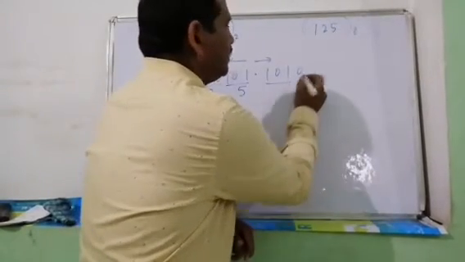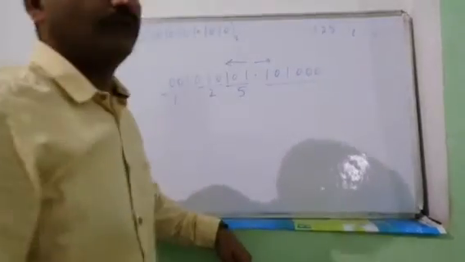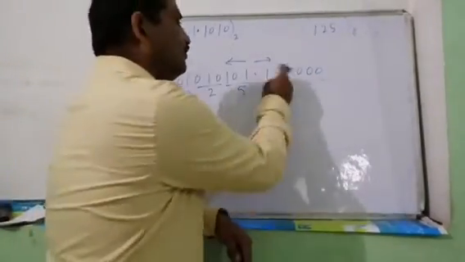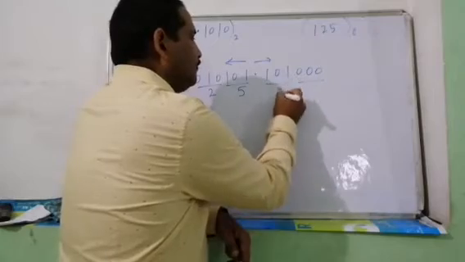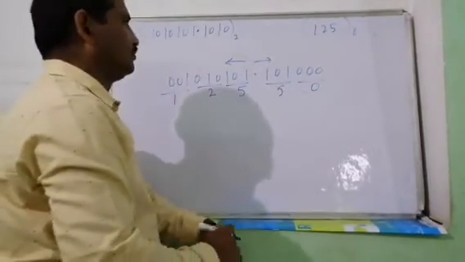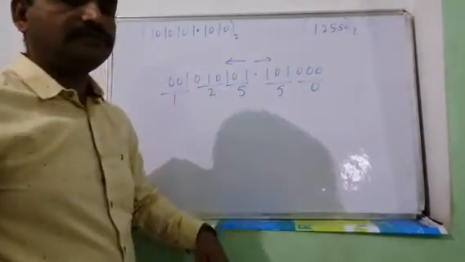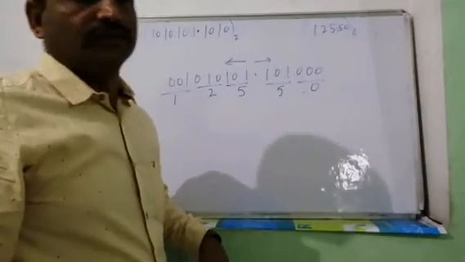So 101, and 0 is left only. If you add 0, it will be 000. So 101 will be 5 and this will be 0. So 125.50, this is the octal conversion.